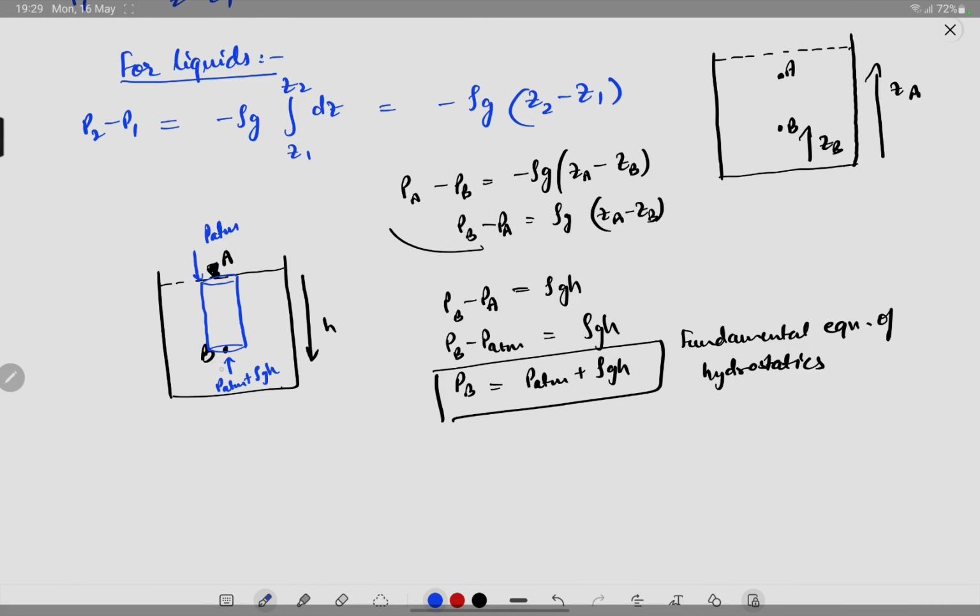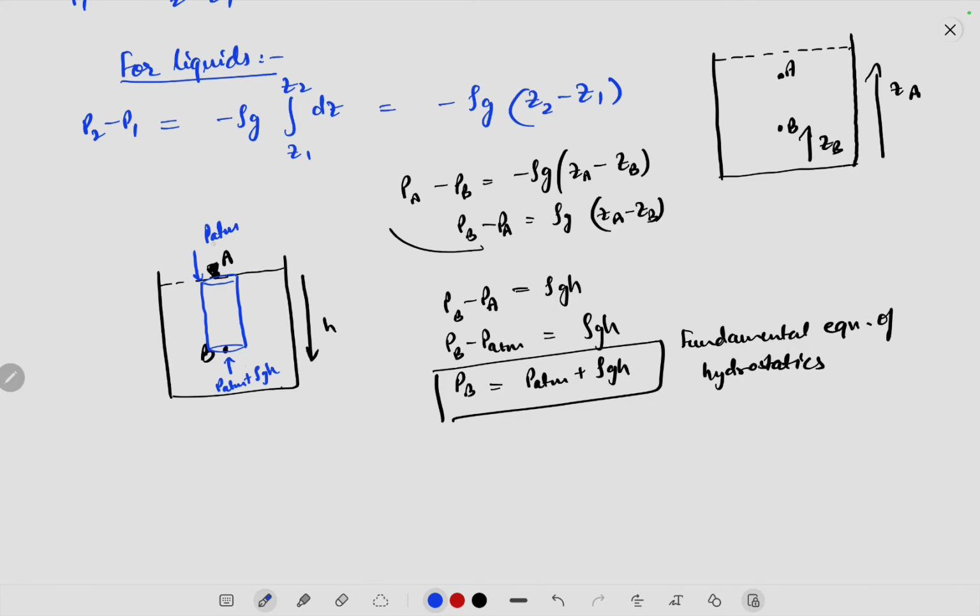That is, the pressure here would be equal to, first of all, the atmospheric pressure, and also this extra term is there because of the volume of this fluid element that it has to balance. Okay, so there is a pressure from the atmosphere plus there is a pressure from the weight of this fluid element just above this point. So the pressure here has to balance both those forces, and that's why the pressure here is P atmospheric plus rho gh.